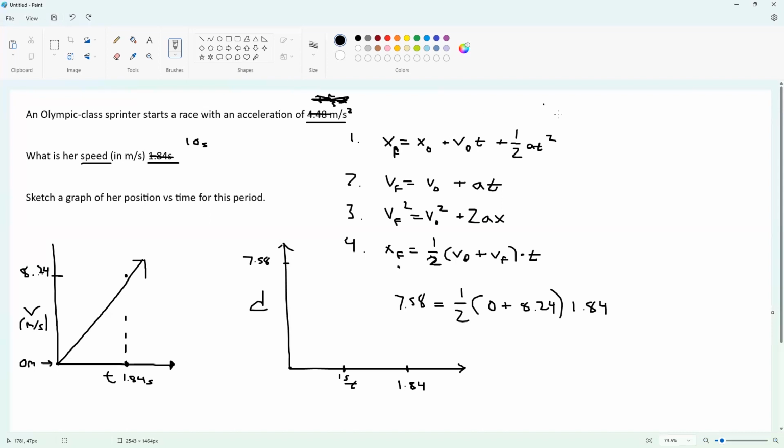But would it be the best one though? In this case, it would be the most convenient, because for the other one, we need the initial velocity and the final velocity, which we do not have. For this one, we have the initial position, initial velocity, time, and acceleration. So this one is the most convenient.